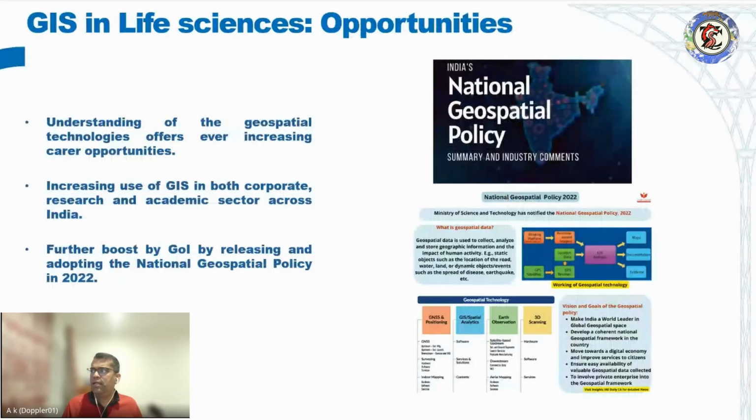And this is one of the biggest things that happened in the last couple of years: the government of India officially adopted a national geospatial policy in 2022. This was a very big milestone, because it's now a kind of mandate by the government of India to use GIS capabilities as much as possible, and that caused a boom in the GIS sector in India.